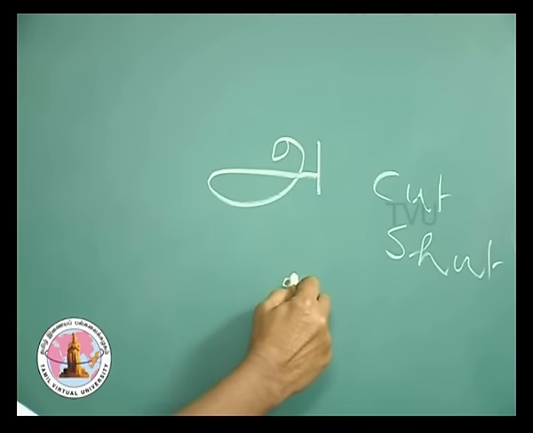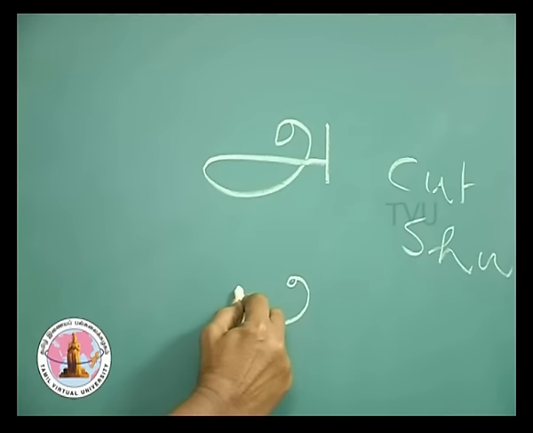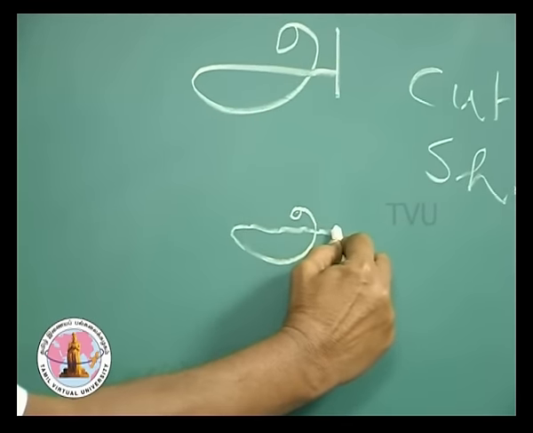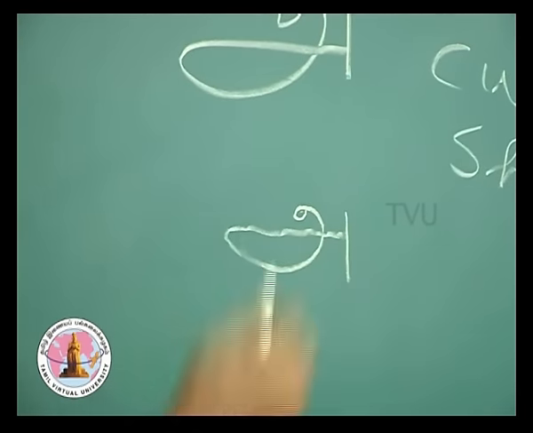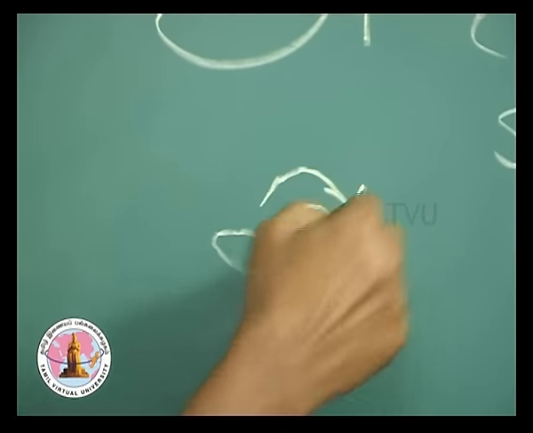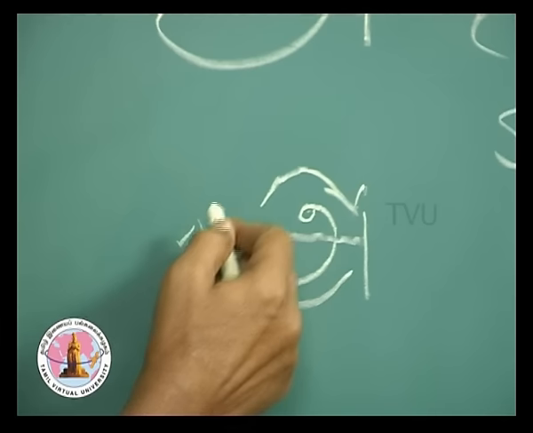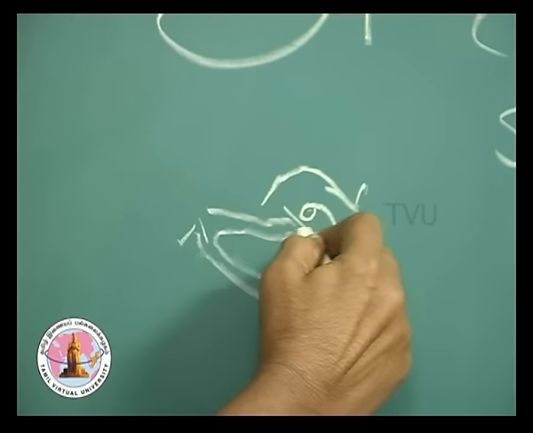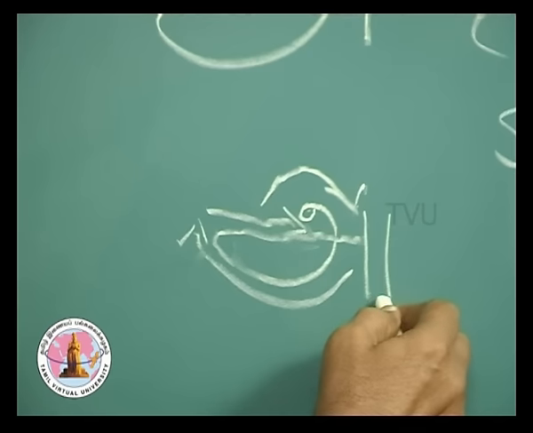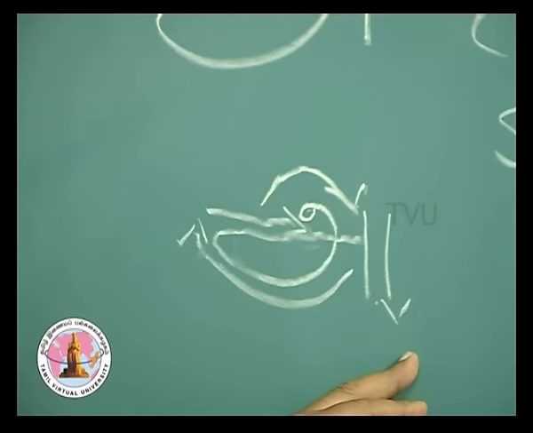You start with a circle, go down, take a bend, stretch it and then end it with a vertical line. That is to say, it proceeds like this, goes up like this and then stretches itself and ends with a vertical line top to bottom.